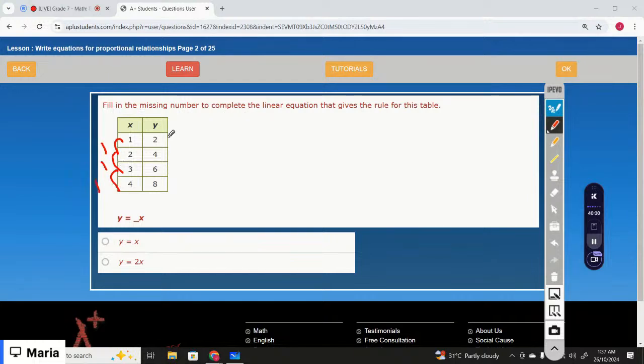Now let's see the change in y. 2 plus 2 is 4, 4 plus 2 is 6, and 6 plus 2 is 8. So the slope is 2 divided by 1. The slope is 2, right?